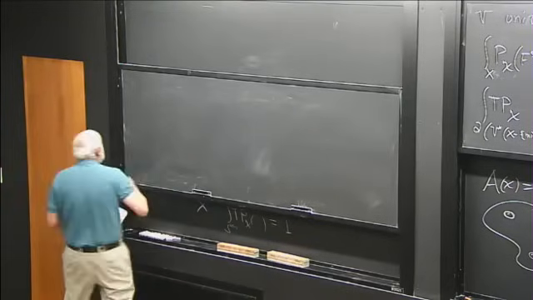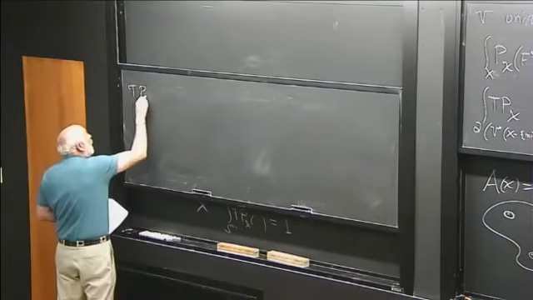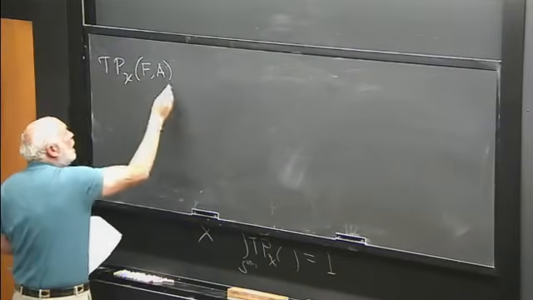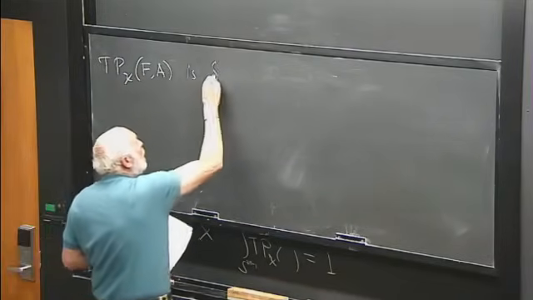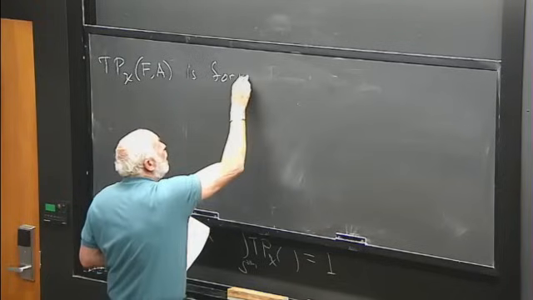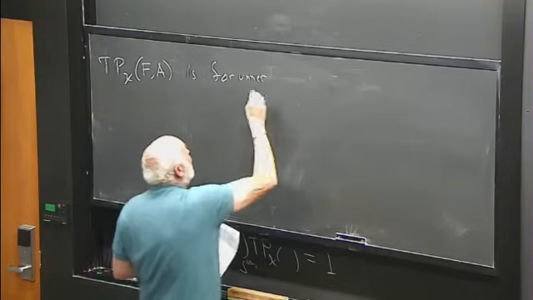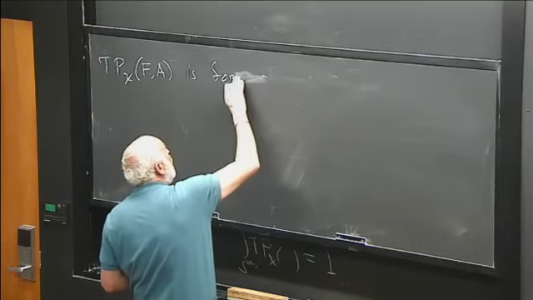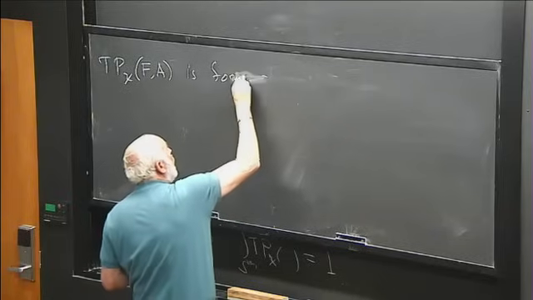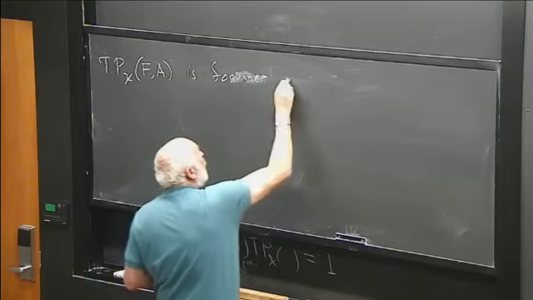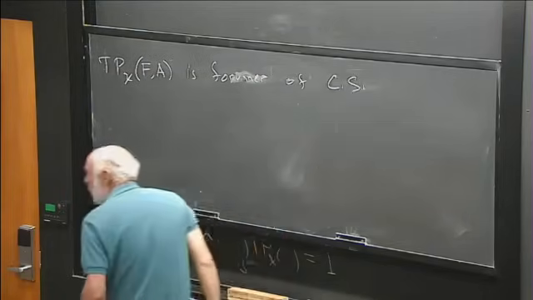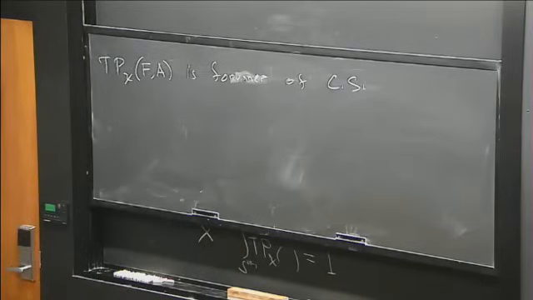So T_p chi of F and A is a forerunner of this Chern-Simons stuff, because it's one of those forms that turns out to be very important.